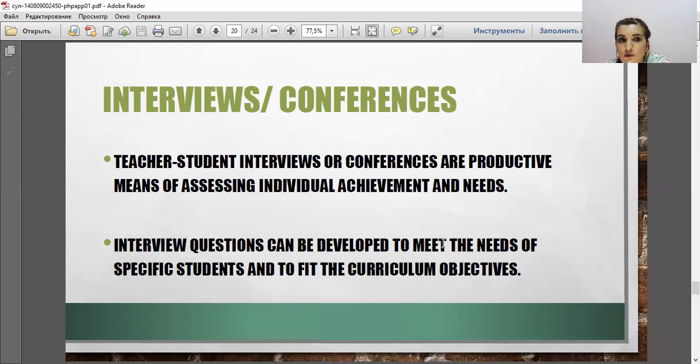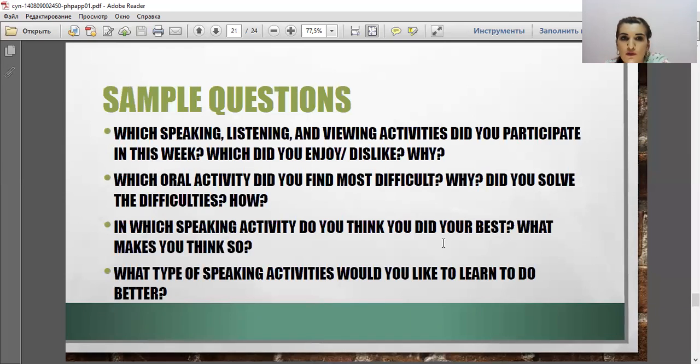So here also, in order to get the right information, the teacher will work with each student individually and find out the shortcomings or the achievements of her students. For example, sample questions like: which speaking, listening, and viewing activities did you participate in this week? Which did you enjoy, dislike, and why?